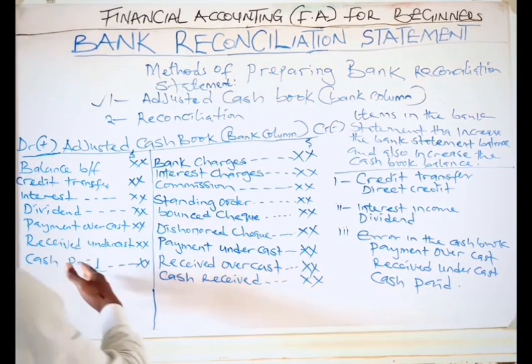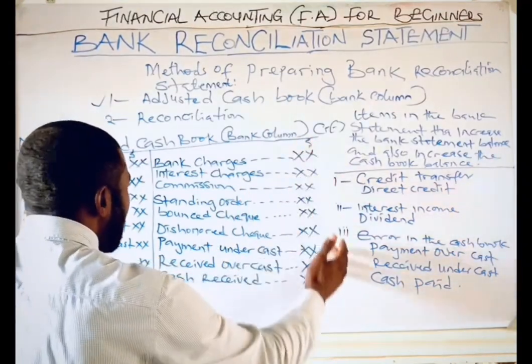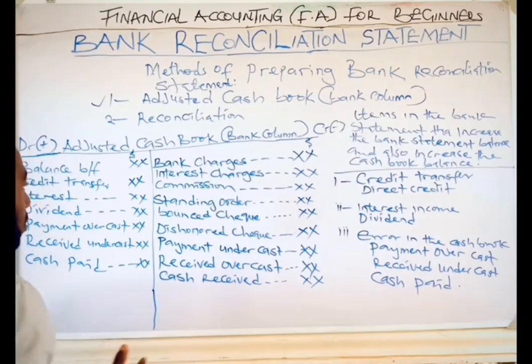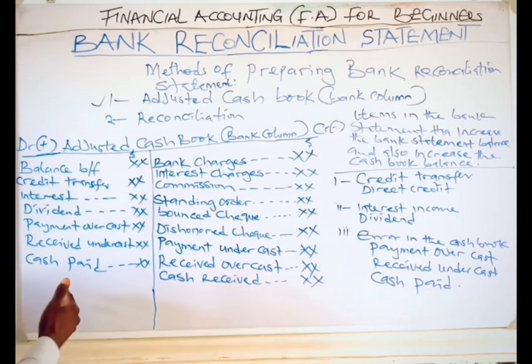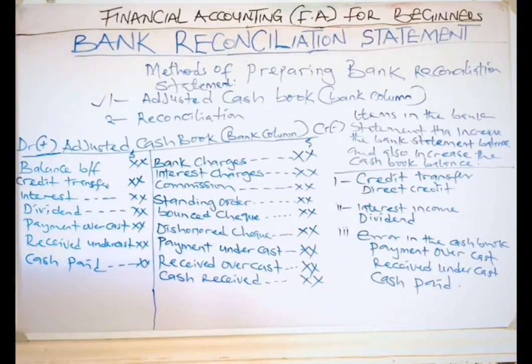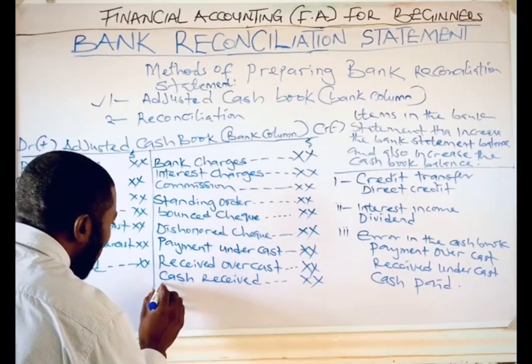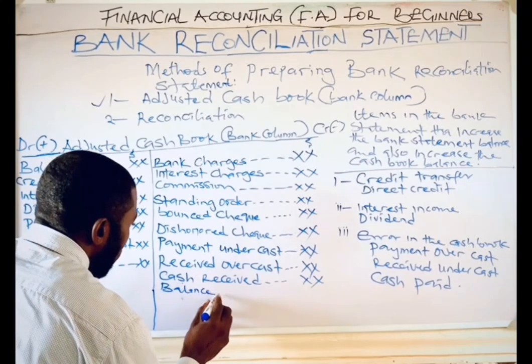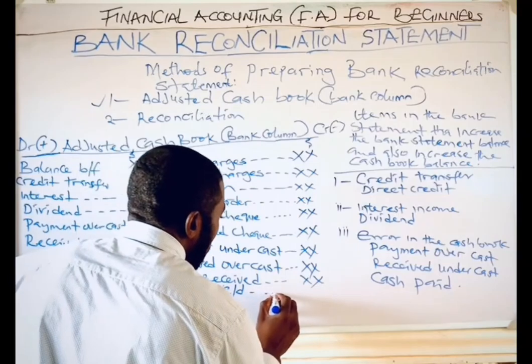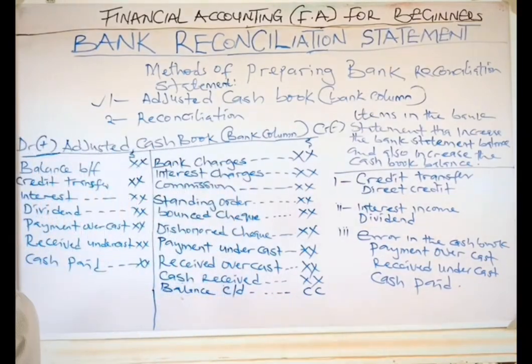Now you add all this and this, then you balance the account by comparing the debit side and the credit side. In a normal business, a business that is paying, the debit side is supposed to be higher than the credit side. If that is the case, at the end of the month, here will be our balance carried down.